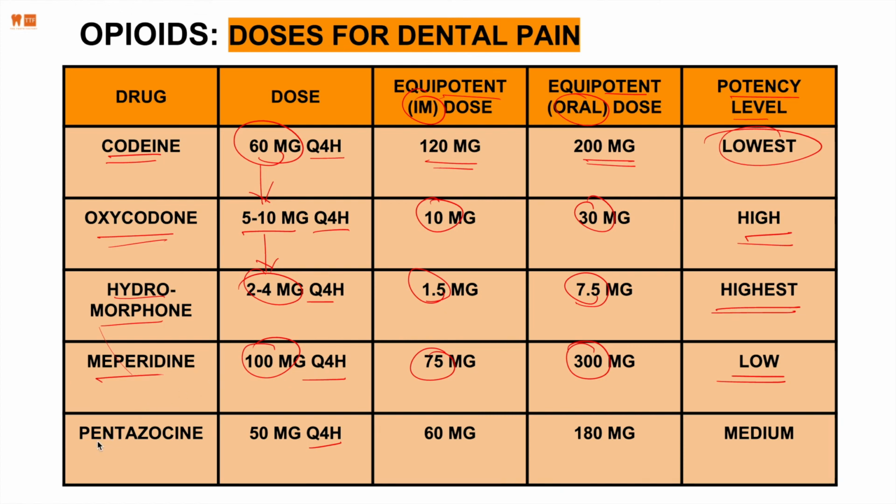Pentazocine, 50 milligrams is the dose. 60 milligrams needed for IV equipotency, and 180 for its equal counterpart in oral dosage. This is a medium potency, right in the middle. So just a few numbers to remember. They don't ask you doses this specific on the exam, but it's important to know which is more potent than the other. And this is a summary to remember that.